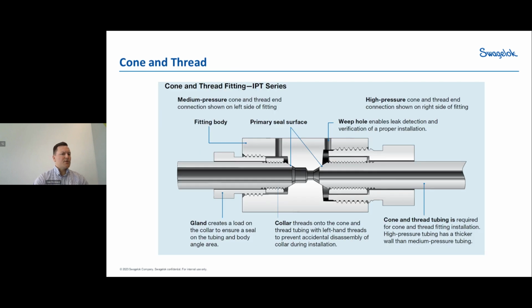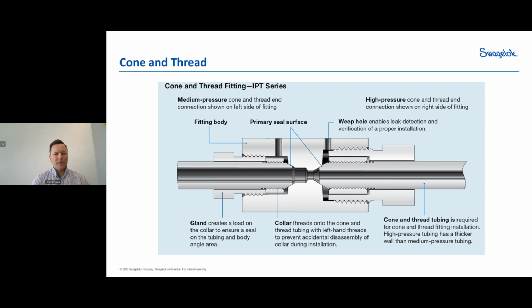And then the third and final connection, which is also very common within the high pressure space, is cone and thread. Similar to diesel style fittings, these rely on the tubing being, in this case, machined, not manipulated, to create a thread and a cone on that tubing, which is then paired with a collar and a gland, and then your fitting body.